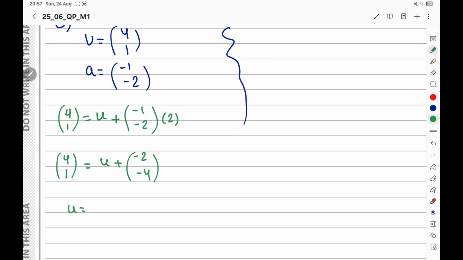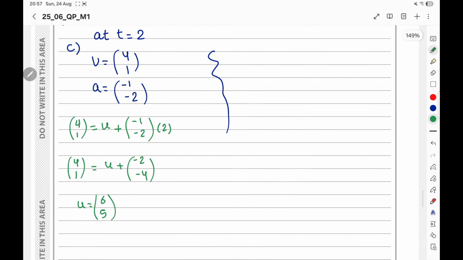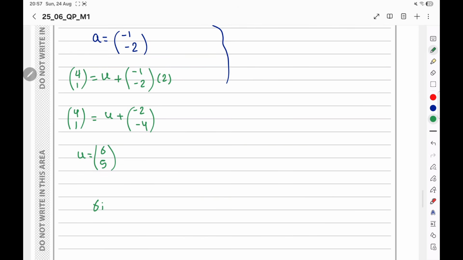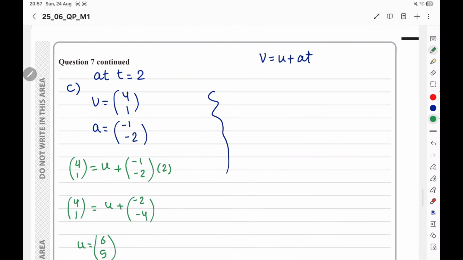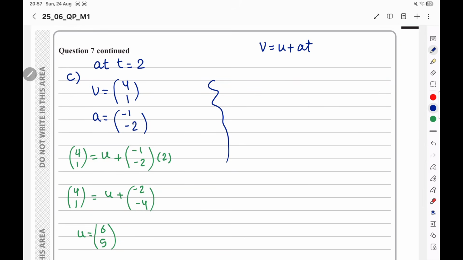U is equal to 4 plus 2, 6, 1 plus 4, 5. 6 and 5. This is the velocity at time t equals 0: 6i plus 5j.